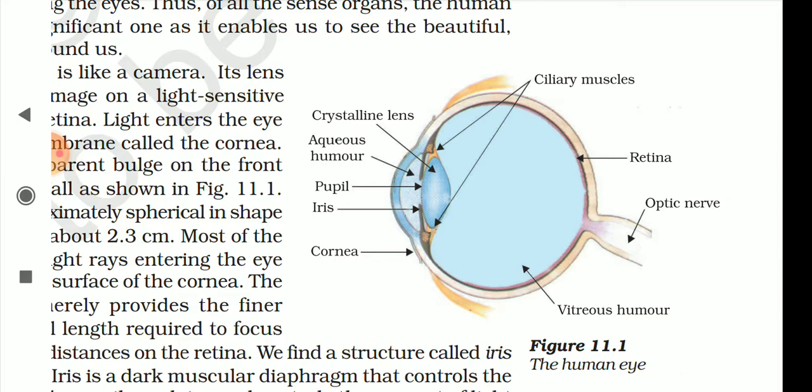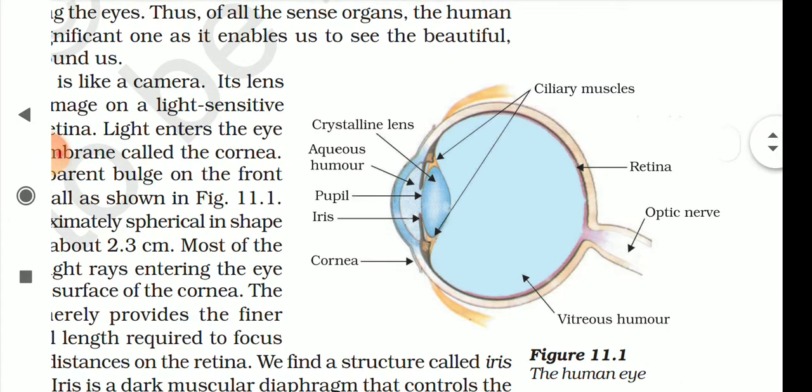You can also see there is a crystalline lens over here. The aqueous humor is a liquid filled in the human eye so that we can see things clearly. There is also a pupil and iris. The ciliary muscles are elastic in nature, so that they can converge or diverge the lens.